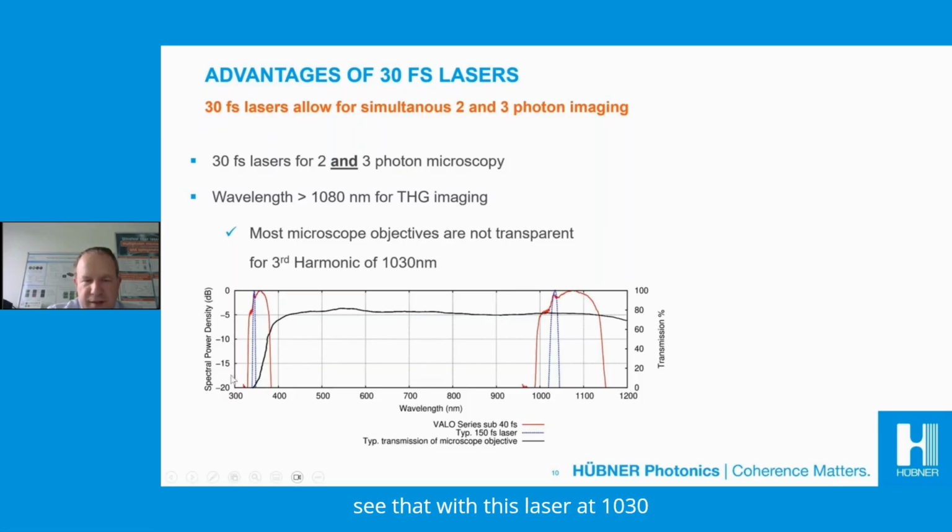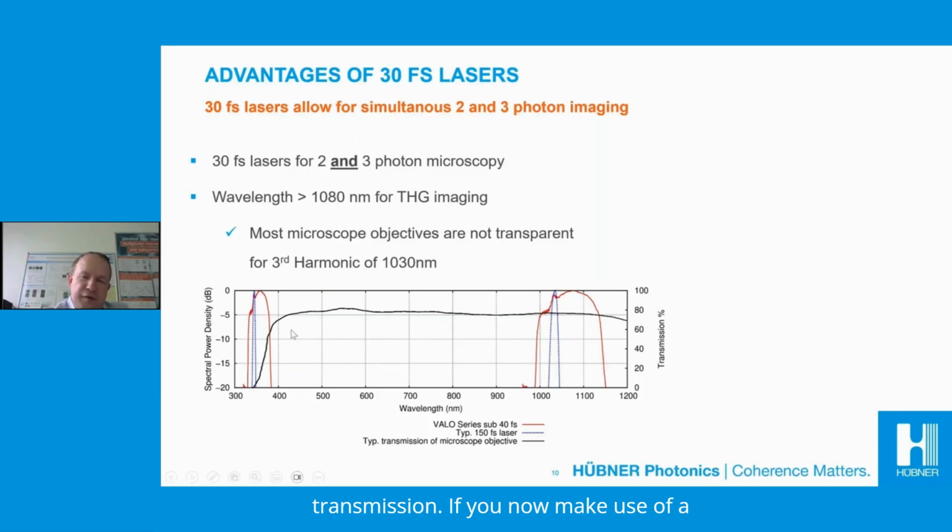And you see that with this laser at 1030 nanometers, frequency tripled, you end up in the UV range. So the light is simply not transmitted in a normal microscope objective. For sure, it depends a bit on the characteristic of the objectives, but typically there's no transmission.